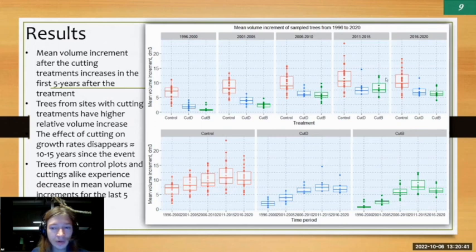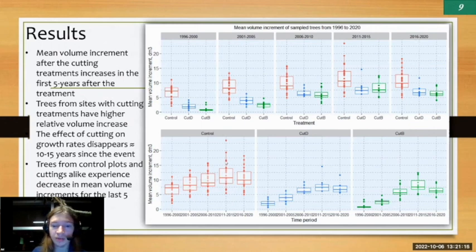As we can see here, the wood volume increments gradually increase from trees from all treatments. However, since wood volume from trees from control plots was already higher, as they were bigger and older, they accumulate more wood volume.